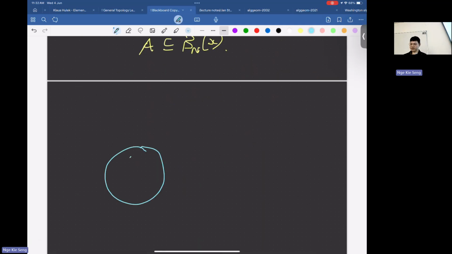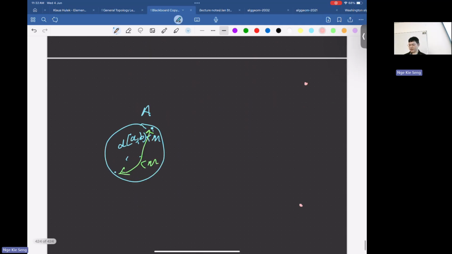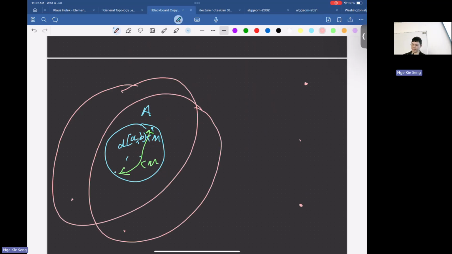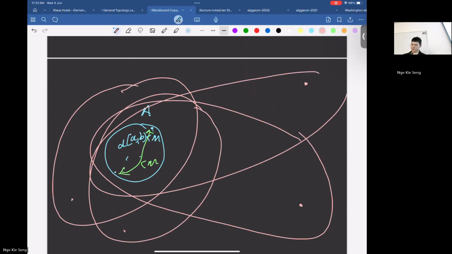So the picture is like this. You should imagine this is A. The distance d(a, b) is less than some M here. Maybe you take the furthest one, still less than M. So that means if you start from any point, in any corner here, you should find a ball big enough to cover this area. These two have some subtlety in the differences.